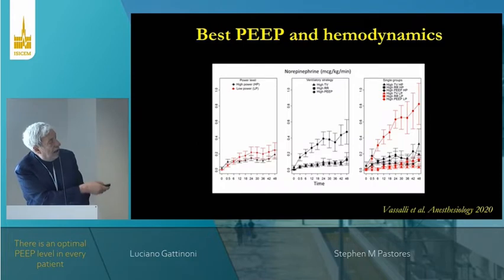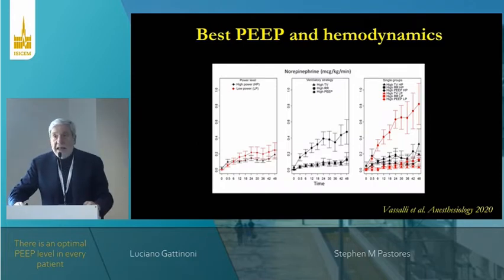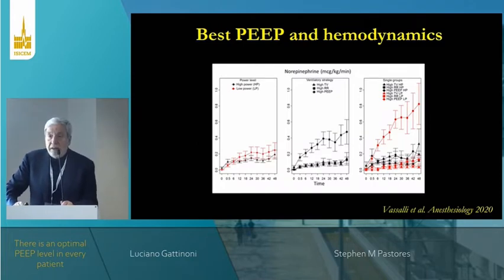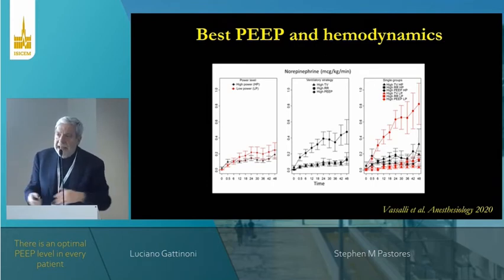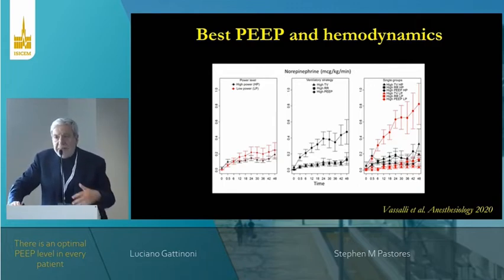You see here, this is a tremendous line. With a high PEEP, the edema in the lung is not much worse than with other approaches. But the total water that you give to the body is terribly high. So all the organs start to suffer, not only the lung.